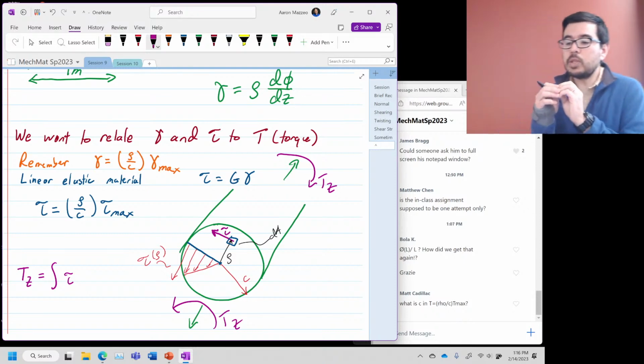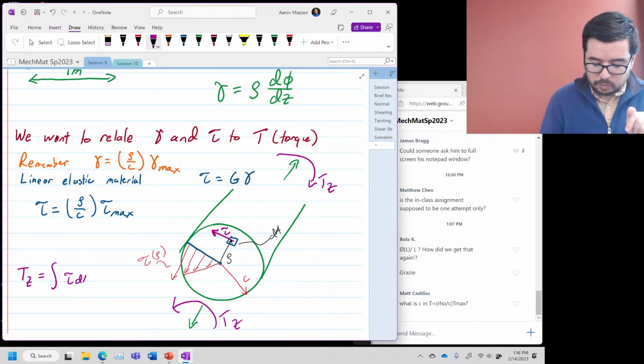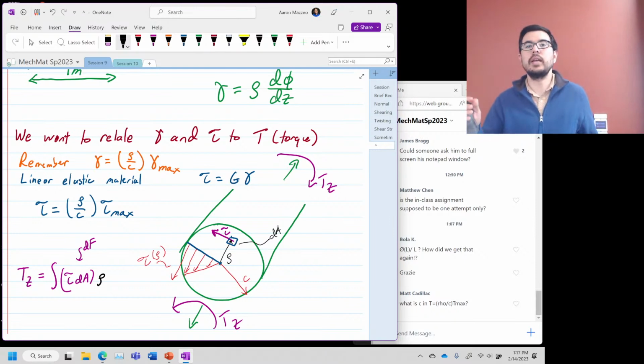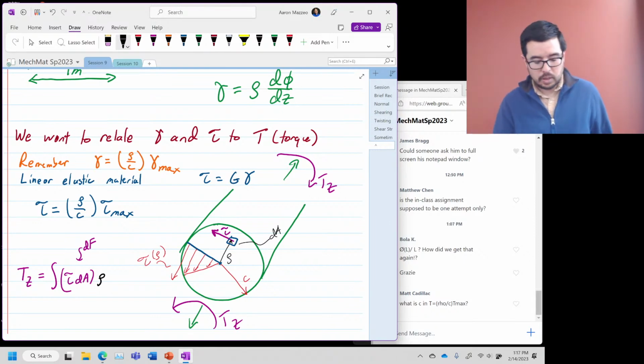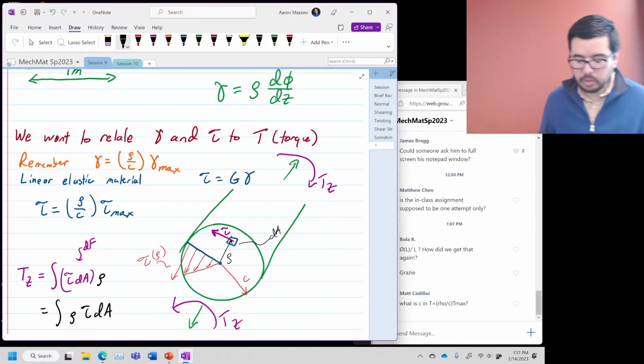So what we're saying is we have our tau dAs, and these are little dFs, and we need to multiply by radius in order to get to torques. Okay, so what we write is that this expression will give us the torques.